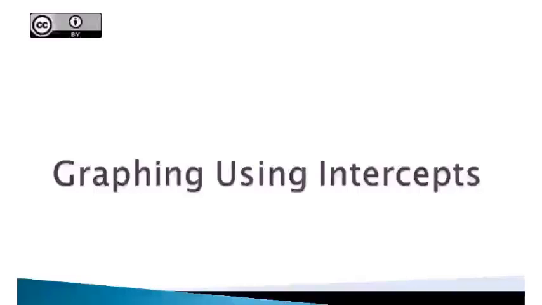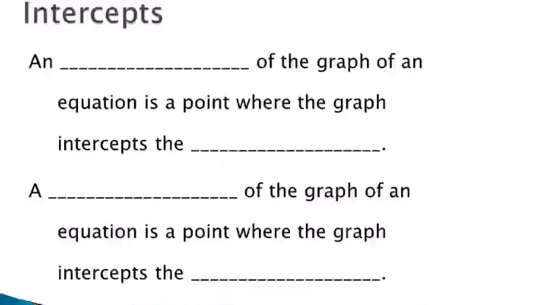In this video, we will learn how to graph using what is called the intercept method. Before we look at examples, let's define what intercepts are. First, an x-intercept of the graph of an equation is a point where the graph intercepts the x-axis.